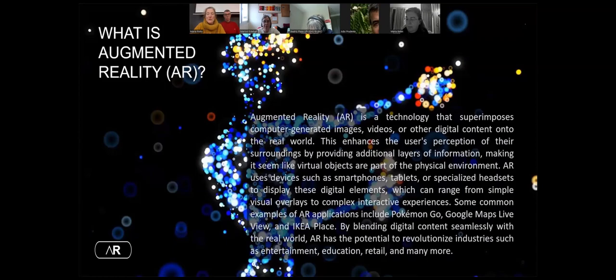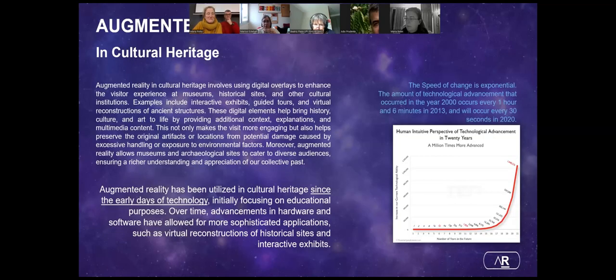So we talked about Pokemon, Google Maps, and IKEA Place in other sessions. And by blending digital content seamlessly with the real world, augmented reality has the potential to revolutionize industries such as entertainment, education, retail, and many more that we saw already in other sessions.